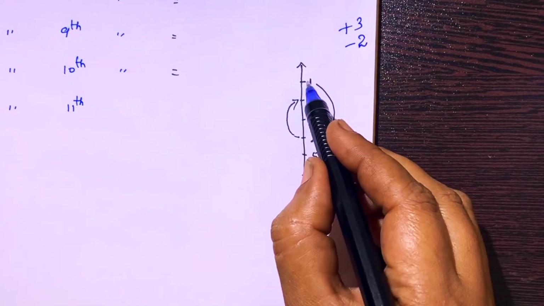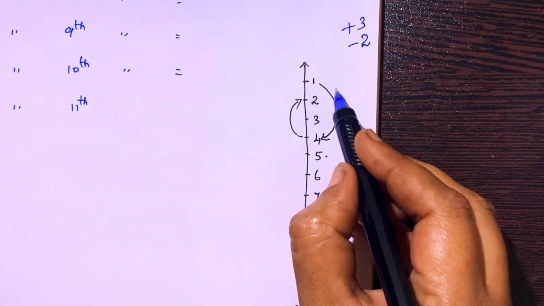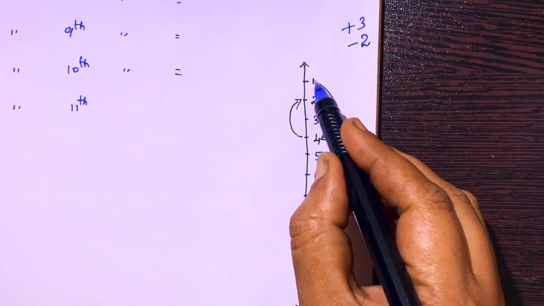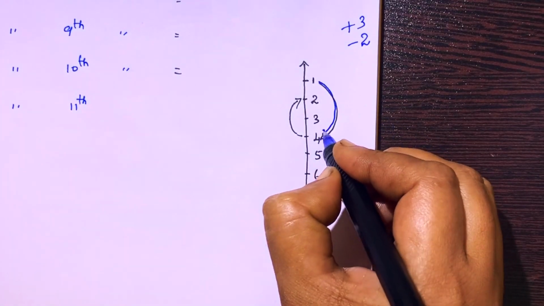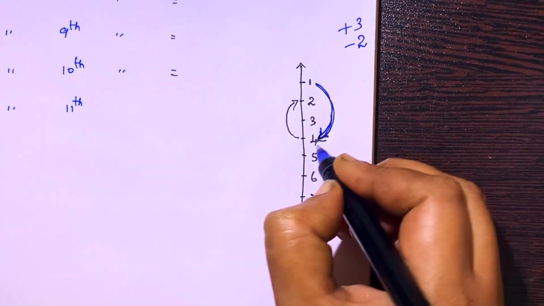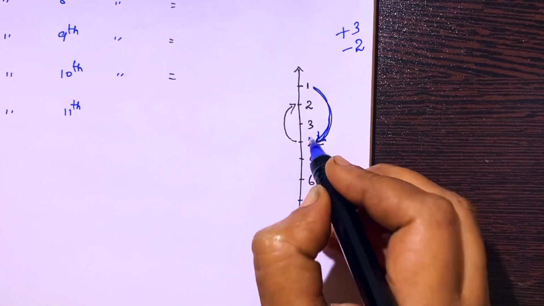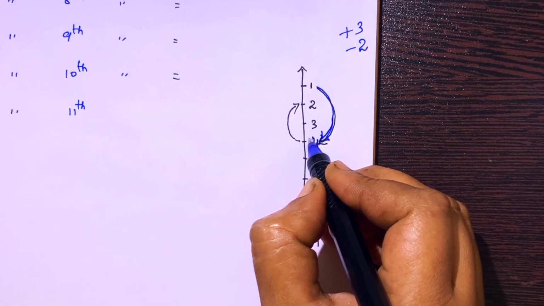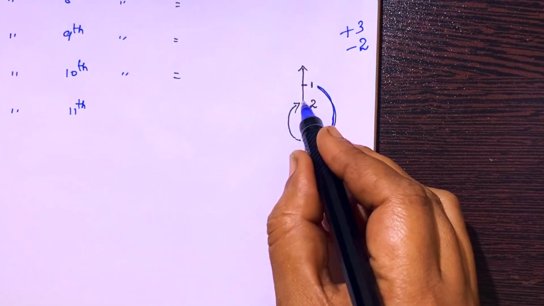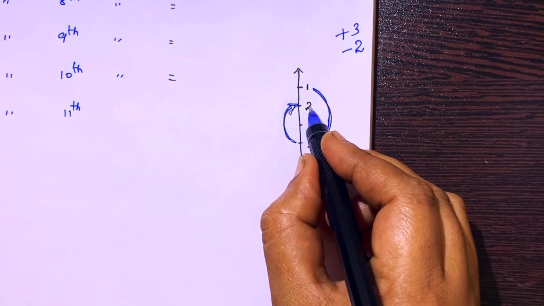From the first step, 3 steps he is moving forward. So 1, 2, 3. Is it clear? So, it is reaching the 4th step. Now, from here, moving backward 2 steps. So 1, 2. So, it is going to the 2nd step.